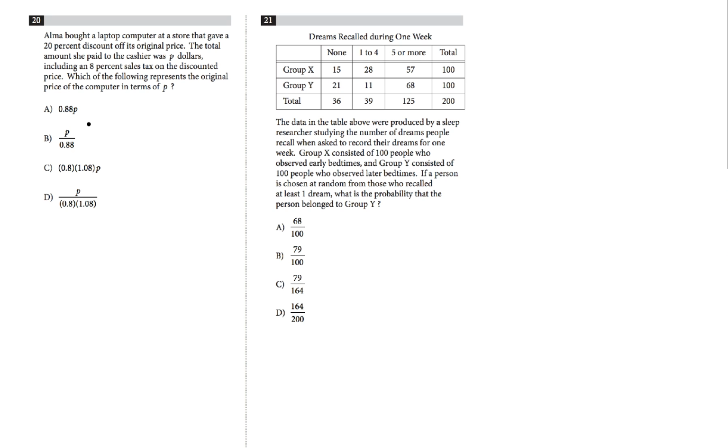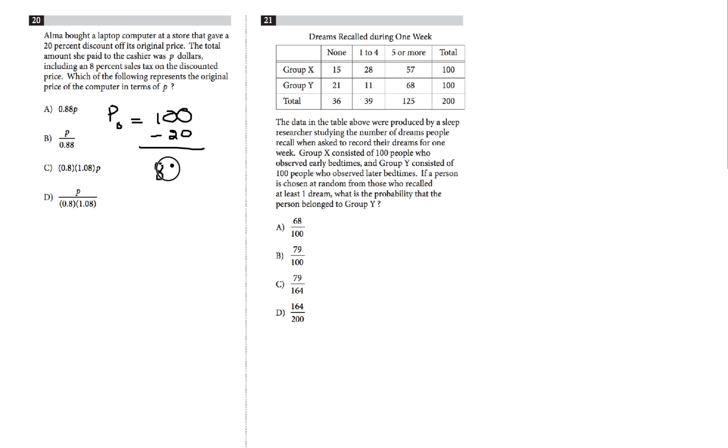So what I did was I put the original price, I'm going to call it price original, is equal to $100. She got 20% off of that. So every time you do a percent problem, you pick 100 for your starting amount. It makes it really easy. You're going to take 20% off of that. So if I subtract off 20, that's why you work with 100.